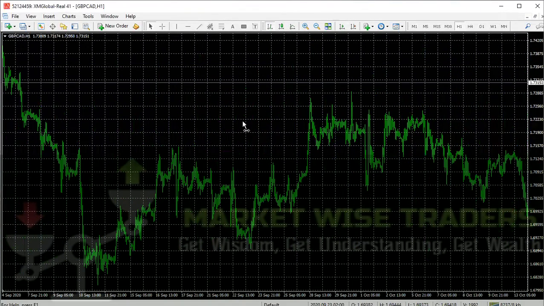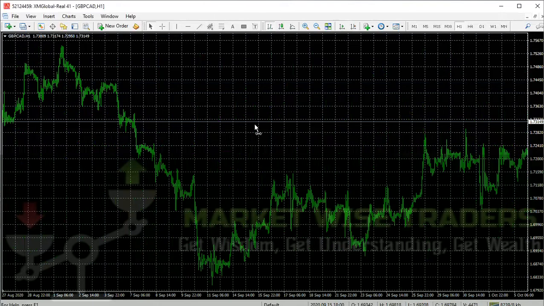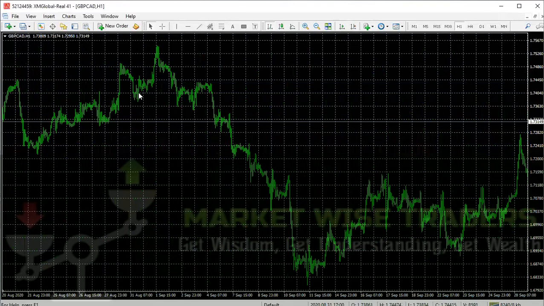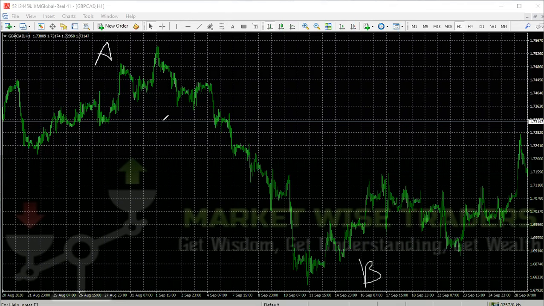Okay, it is again here. You can see the cycle. This is a line chart. You can see the market maker cycle. So he wants to get from point A to point B. But how does it do it? It doesn't go in a straight line.